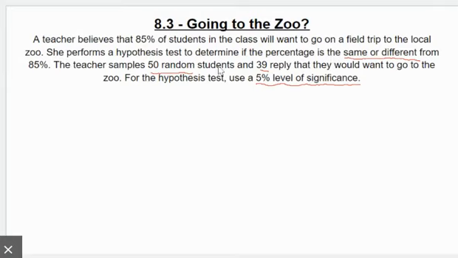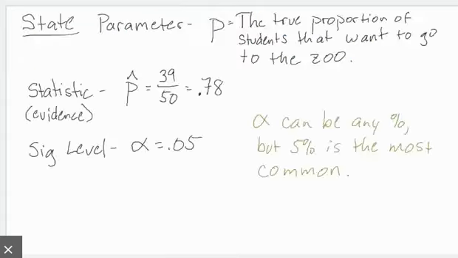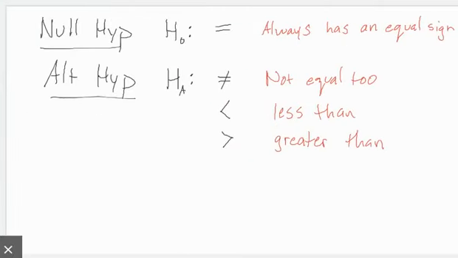She performs a hypothesis test to determine if the percentage is the same or different. So it doesn't say she performs a test to see if it's less than. It doesn't say she performs a hypothesis test to see if it's greater than. She just wants to know if it's different than. So that's why in this specific question, our alternative hypothesis is not equal to. Okay, it's a not equal to symbol. Oops, let's do that again. There we go, not equal to.